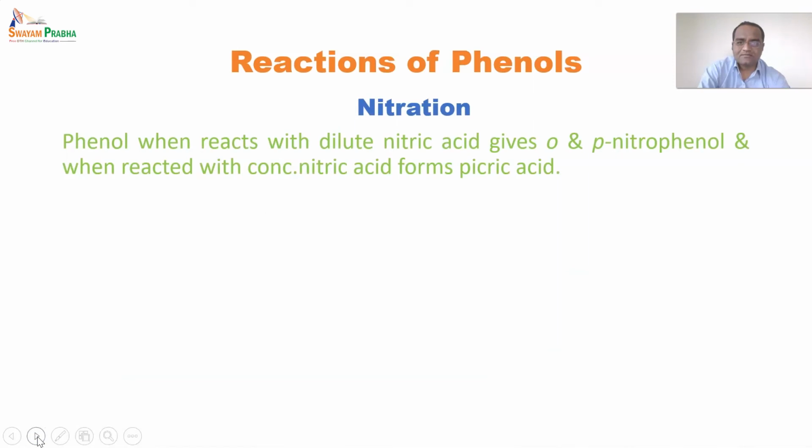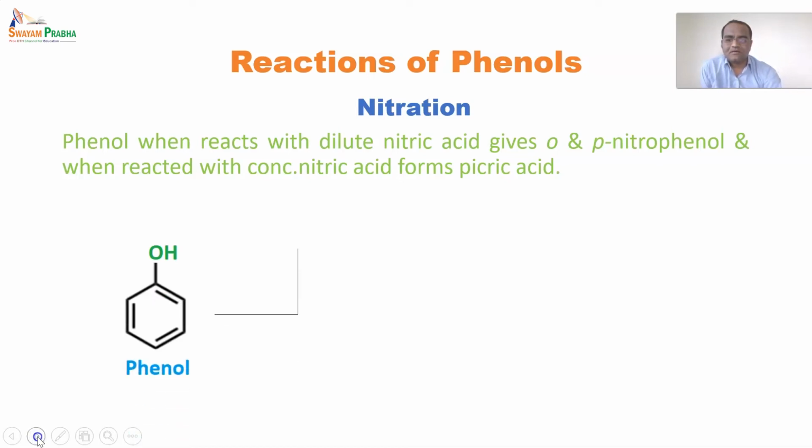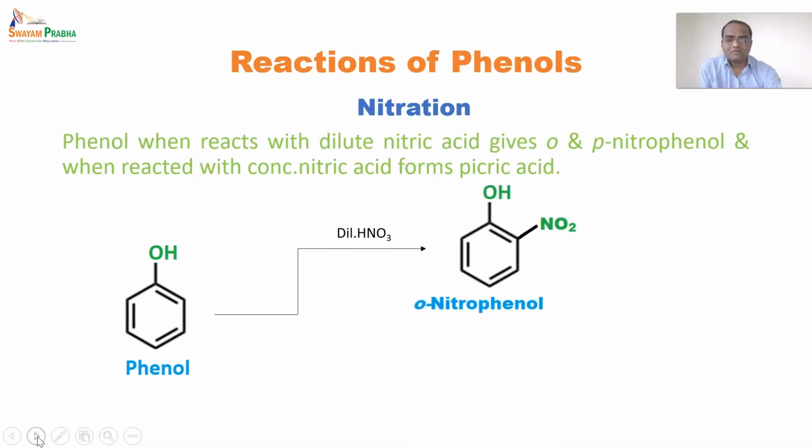So next, that is nitration. Phenol, when it reacts with dilute nitric acid, gives ortho-para-nitrophenol, and when it reacts with concentrated nitric acid, it forms picric acid. So whenever it has been treated with dilute nitric acid, it gives two isomers: orthonitrophenol plus para-nitrophenol.